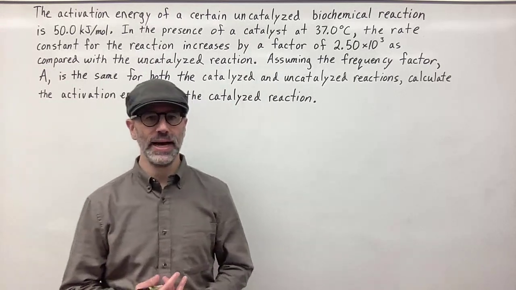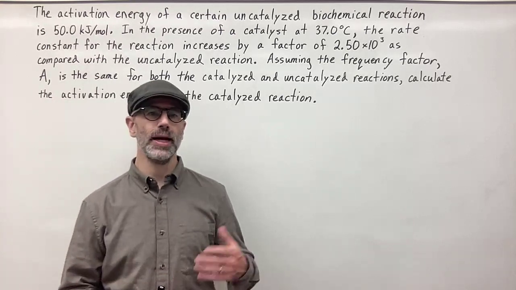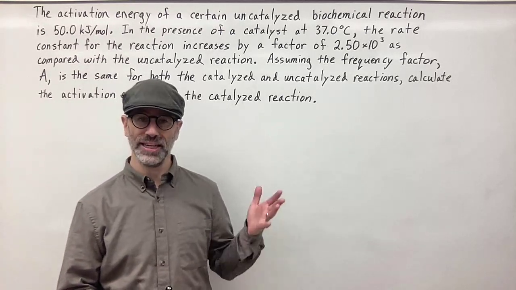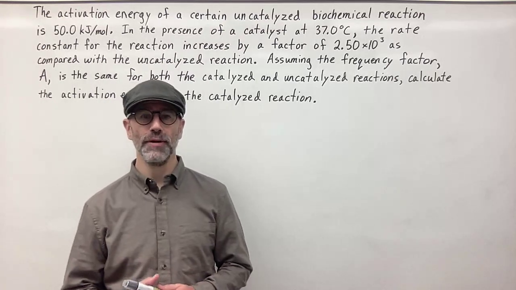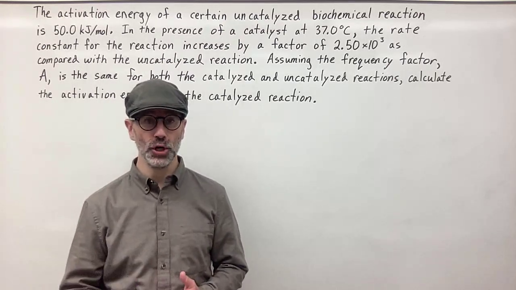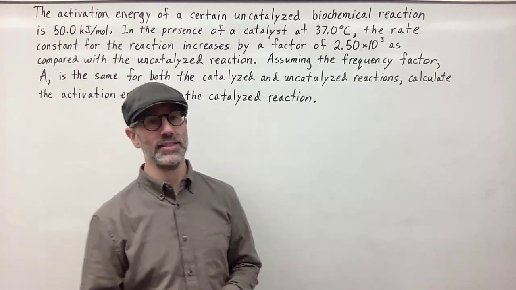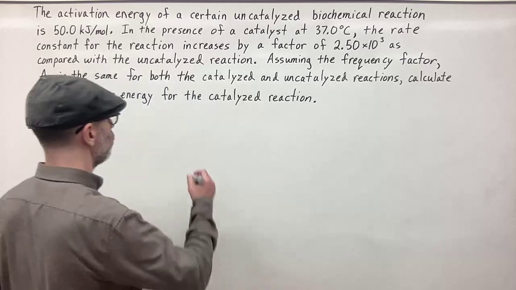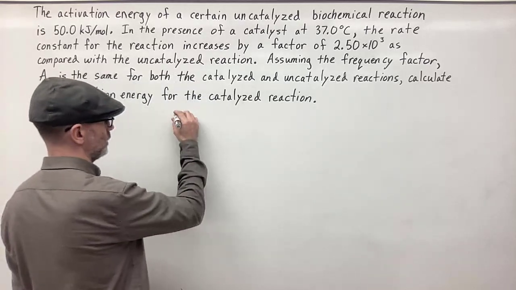They told us that in the presence of the catalyst at 37 degrees Celsius, the rate constant for the reaction, the catalyzed reaction, has increased by a factor of 2.5 times 10 to the third as compared to the uncatalyzed reaction. So we could write that as an equation. So we're focused on the rate constant, right?